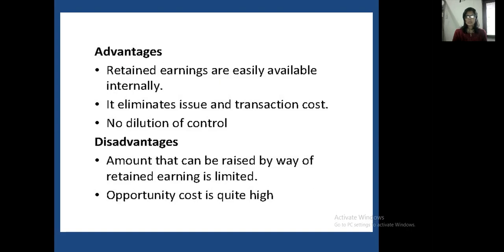So the disadvantage of retained earning is that the amount that can be raised by way of retained earning is limited. Means जितना amount आप retained earning का raise कर सकते हैं वो limited है, क्योंकि ये retained earning आपके profit का ही part है और आपने जो उसे इकट्ठा किया होगा वो एक percentage के according आपने इकट्ठा किया होगा और इस profit को आप बाद में बहुत सारी चीजों के लिए भी use करते हैं.